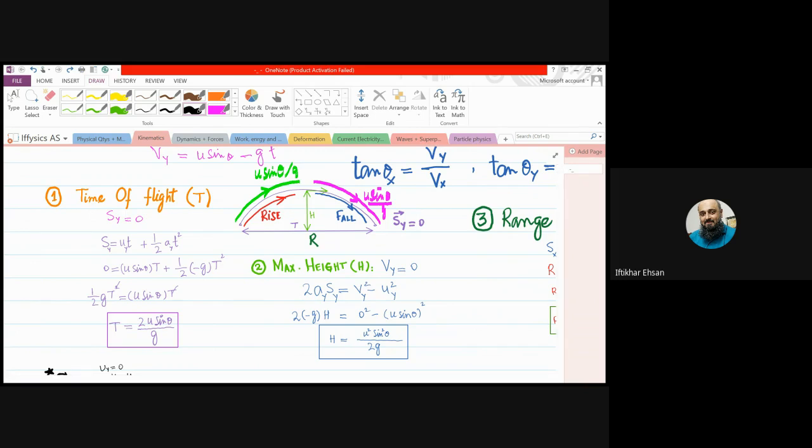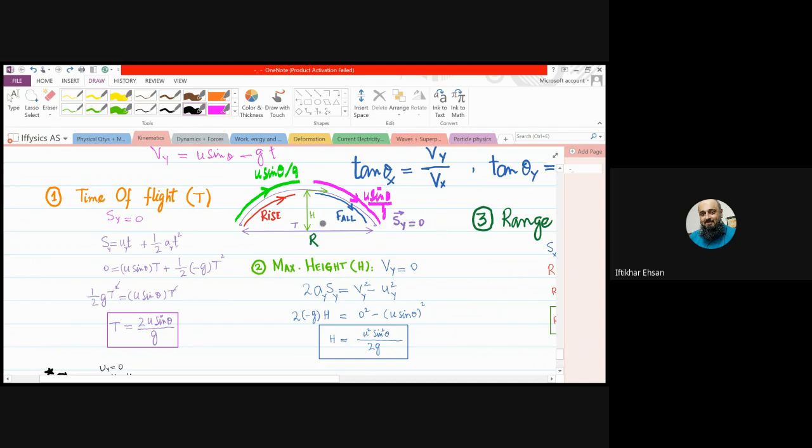One thing is for sure: when the object is rising and then falls, vertically, when it's rising it goes upward, and when it's falling it goes downward by the same amount, right? So that means the vertical displacement overall is zero.